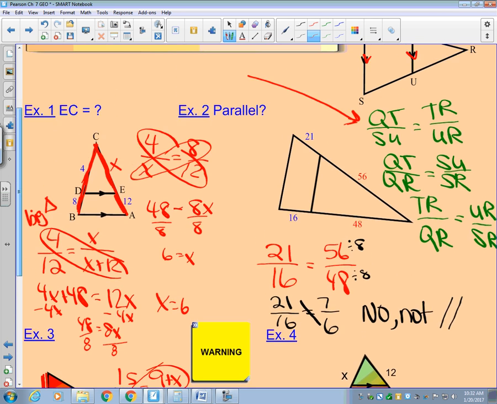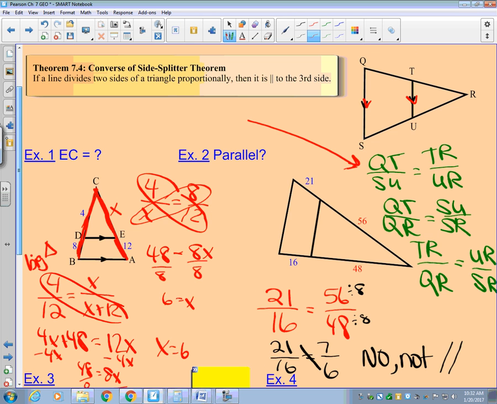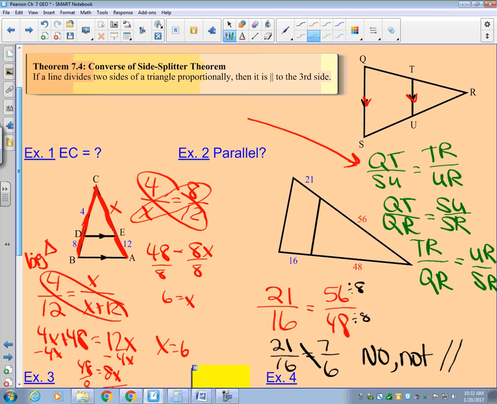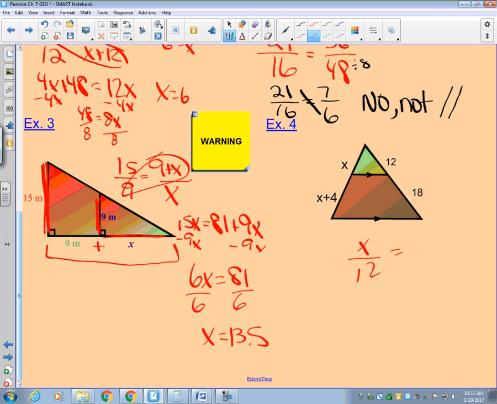Looking again, QT over SU, so the matching part. Okay. So we're going to go x over 12 should equal x plus 4 over 18.